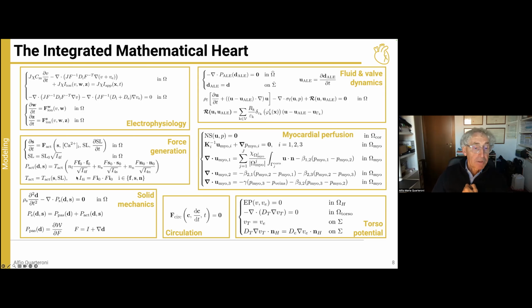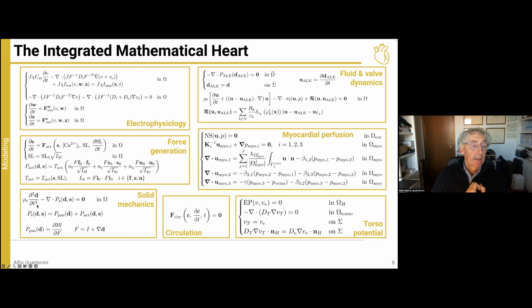Then you have the solid mechanics part. We want to compute D. D is the displacement of the myocardium, and we do it by solving this equation, which is a classical equation of mechanics, where you have the equilibration of forces.